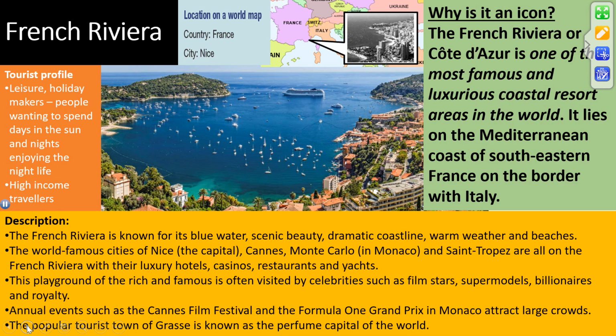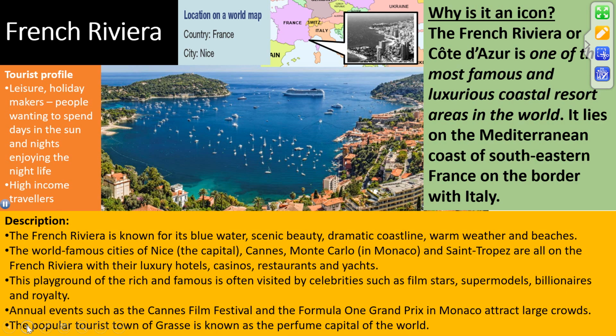The perfume capital of the world is also located on the French Riviera. It is the top popular tourist town of Grasse. Your profile of tourists visiting a destination such as this is leisure tourists, people wanting to spend their days in the sun and the nights enjoying the nightlife.